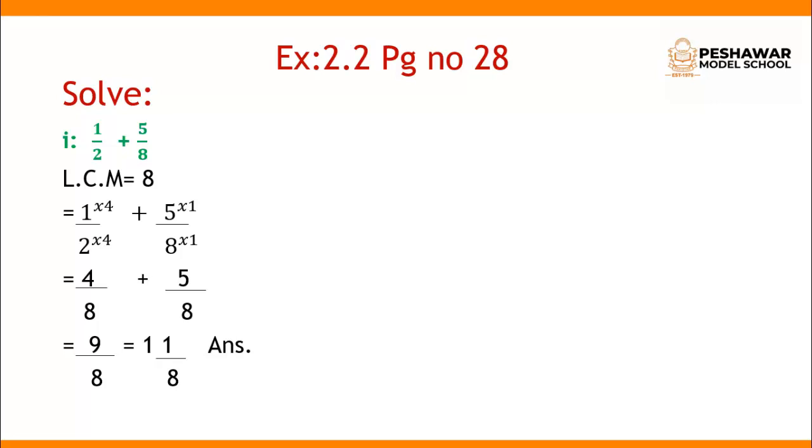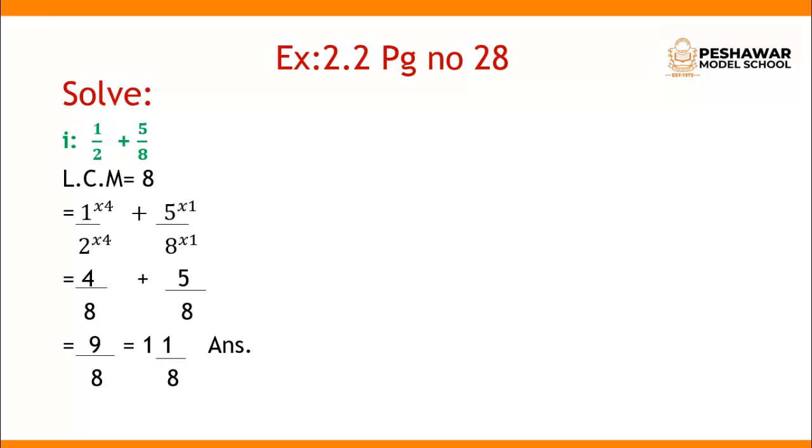How can we make the denominators the same? By finding in the table of 2 where 8 is located: 2 fours are 8. So we have to multiply 4 with the denominator and the same with the numerator.